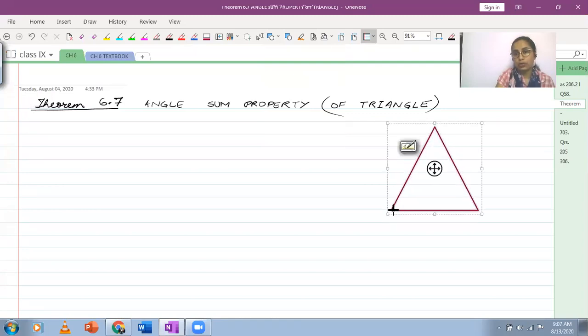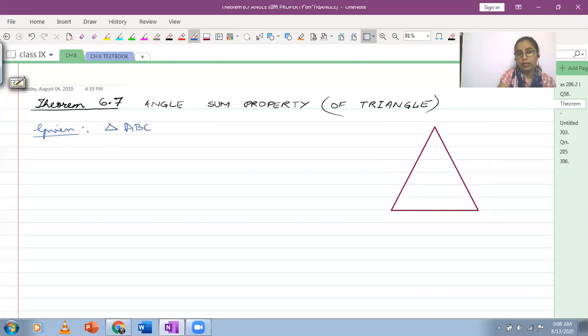So let's start by drawing a triangle and then write down the answer for the same. We have been given a triangle. Let's name the triangle as ABC. Nothing else is given to us. We want to prove that angle A plus angle B plus angle C is 180 degrees. This is what the angle sum property of a triangle is. To prove this, we are going to make some changes to the figure here.